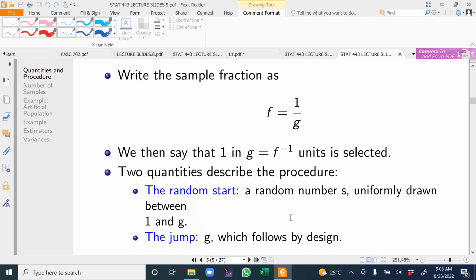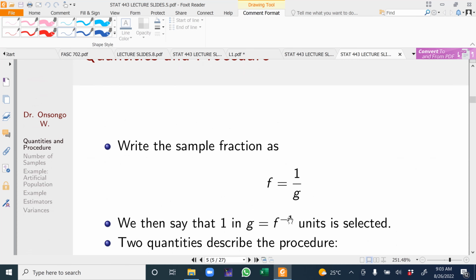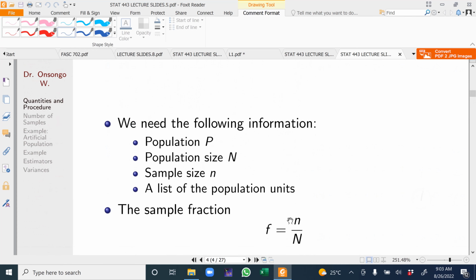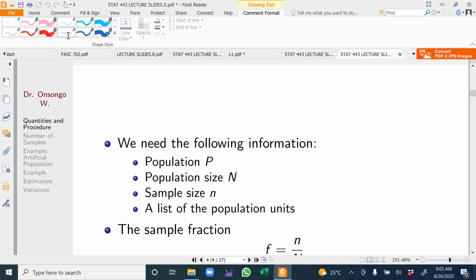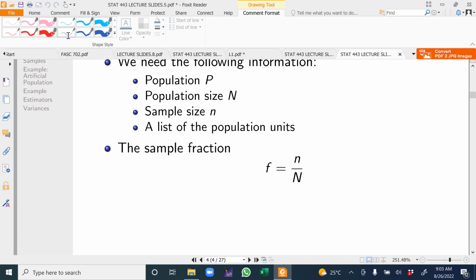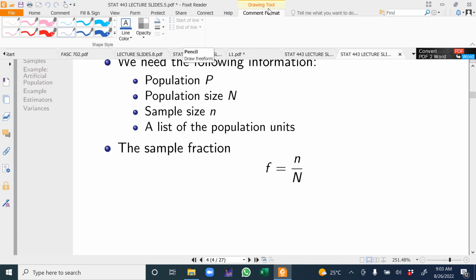Now in this particular case we have this.